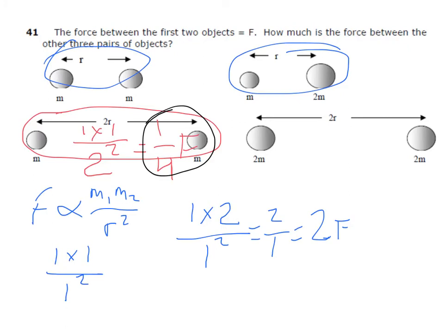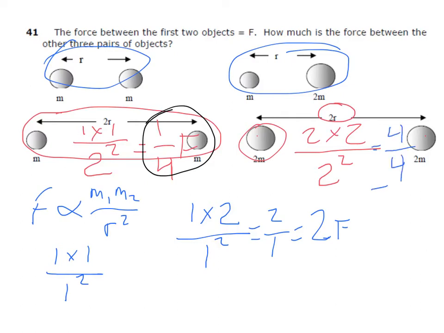The last one over here, we have this mass right here is twice as much, so we have 2 times the mass times the other mass is 2, and the distance is also 2, and that's squared. So we end up with 4 over 4, which is equal to 1. So for this set, the gravity is equal to the original one. It's 1 times the force.